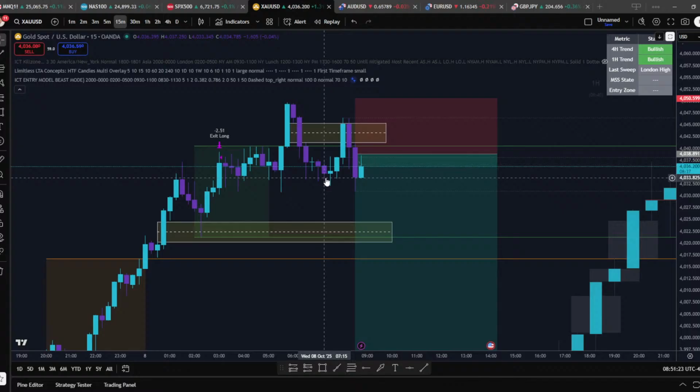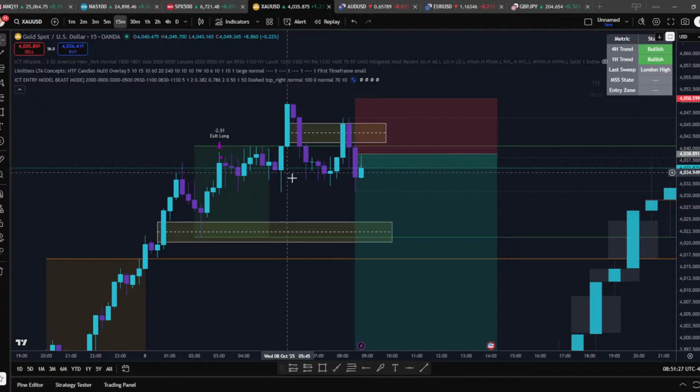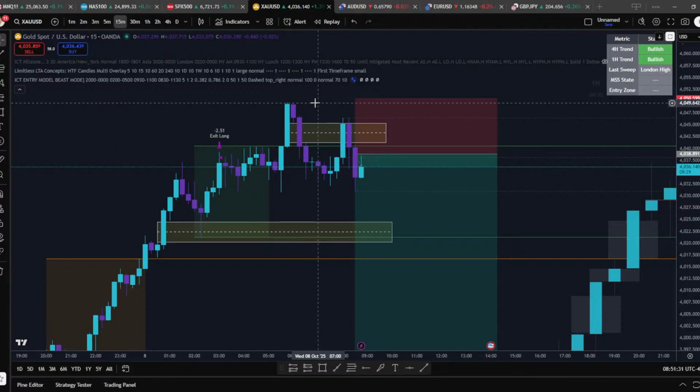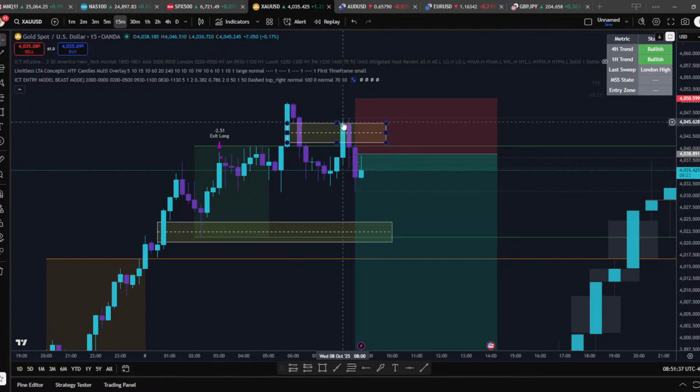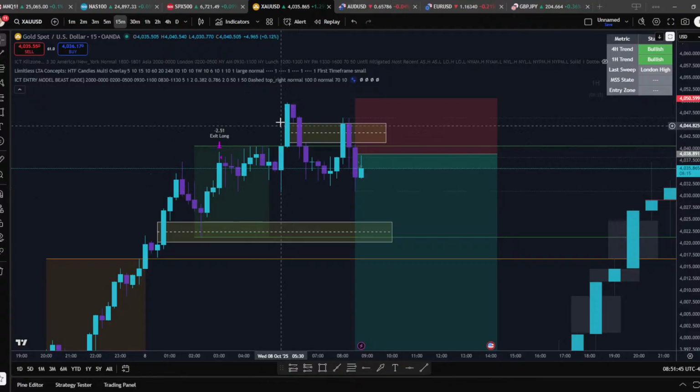And then it did come up again, which is like I said in the model with the AMD model, you can either enter straight away, stop loss above the high, or you can wait for the retracement up into the fair value gap area again for extra confluence, which you would have to do in this case. You actually would have to, because we are at all-time highs and because we're trending upwards. This is a have to.